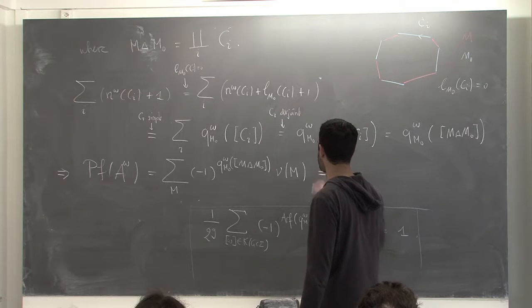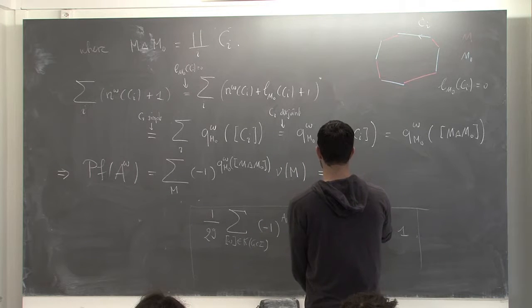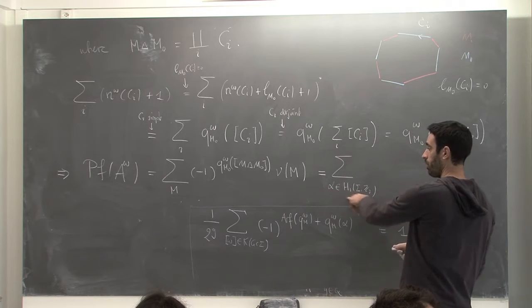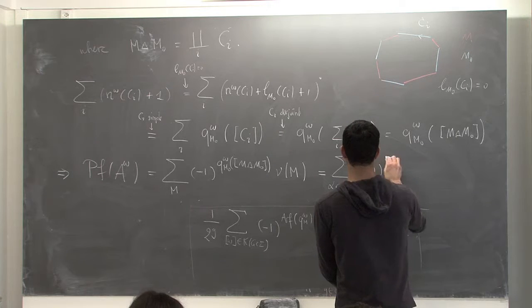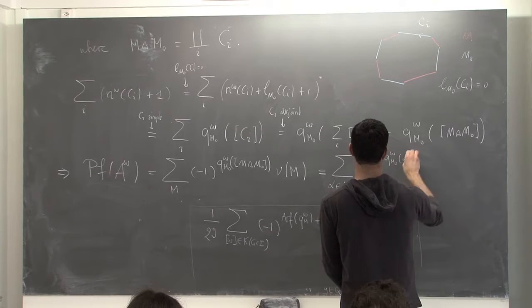So now what I can do is sum up over the classes here, the homology classes. So I get -1 to the Q omega M0 of alpha.